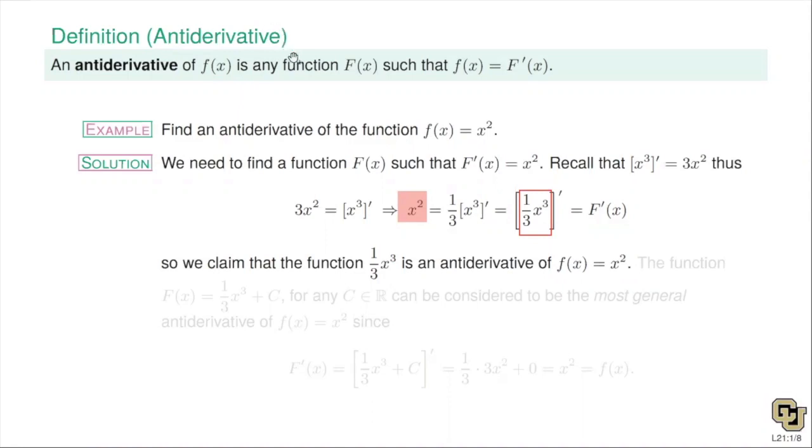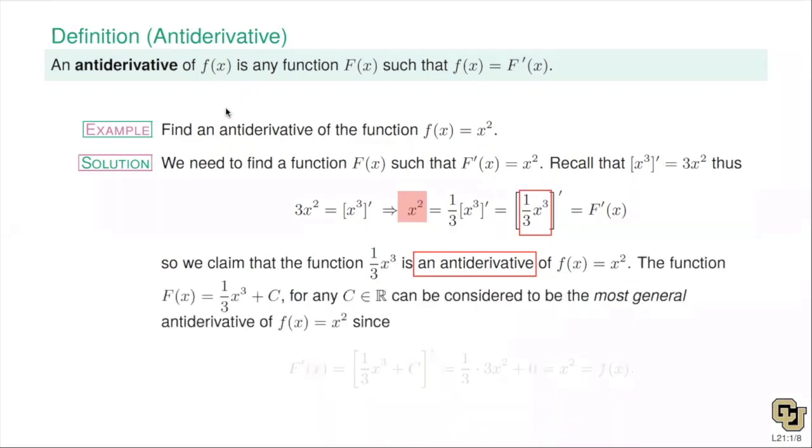So here I used a phrase: I say it's an antiderivative. That is to imply that this is only one antiderivative and that there are many more. So in fact, this function 1/3 x cubed plus c, where c can be any real number, this function would be what we call the most general antiderivative.